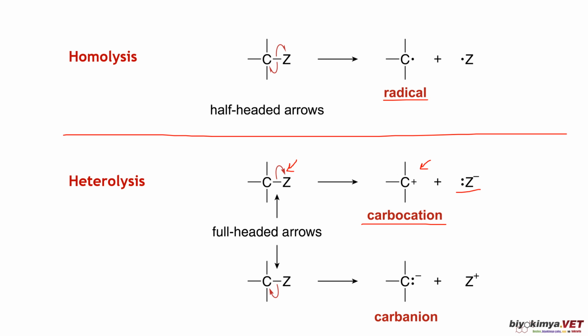If the carbon gets the electrons, it will be a carbanion. So the reactive intermediates resulting from homolysis and heterolysis of the carbon-Z bond are shown in this figure.